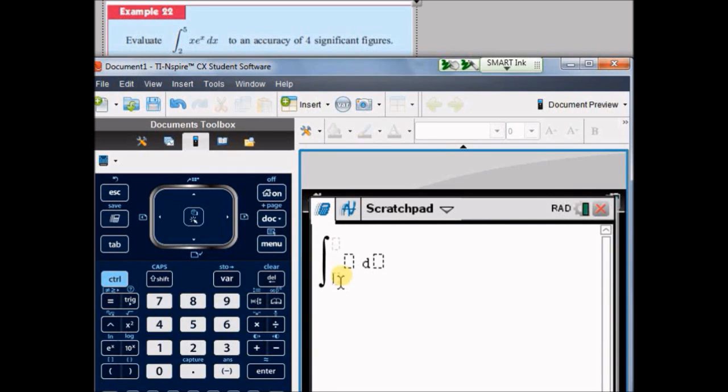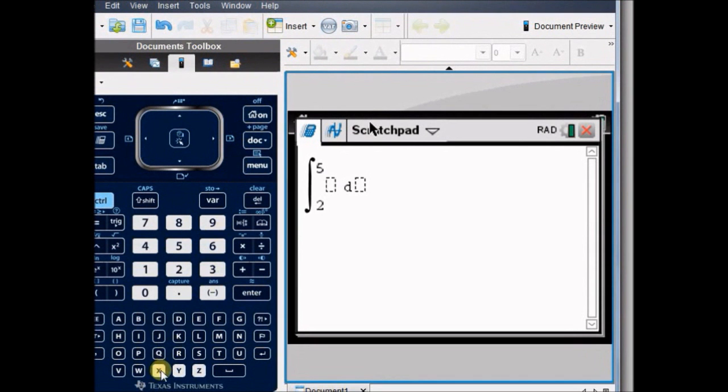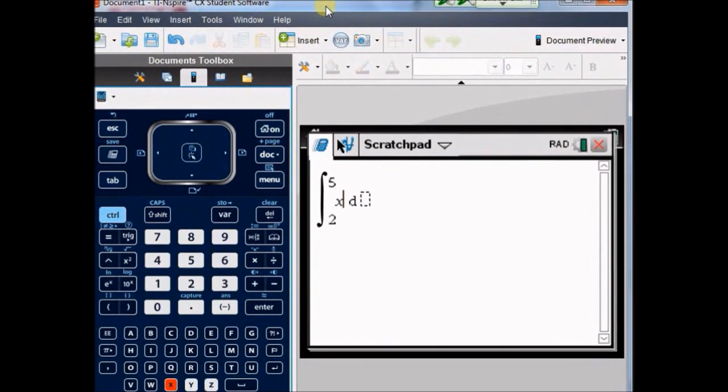So let's just fill in our information. We need a 2 here. We need a 5 up here. We need an x, and then e to the power of x.